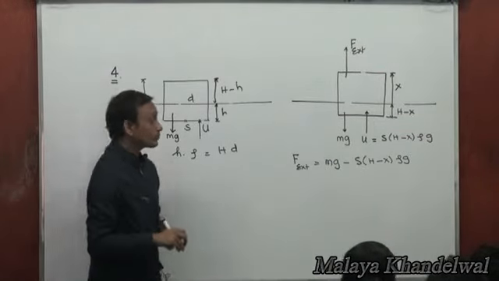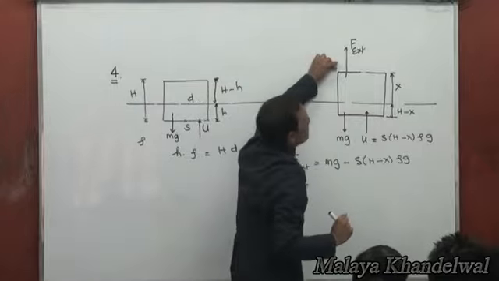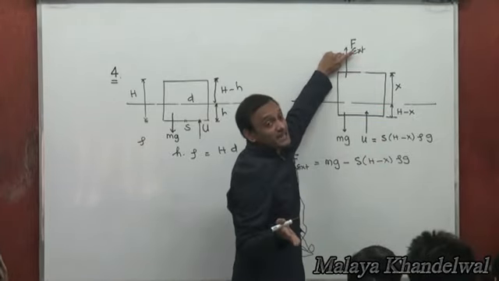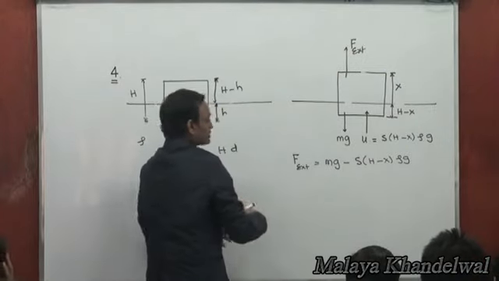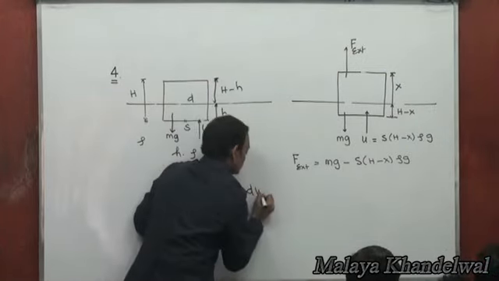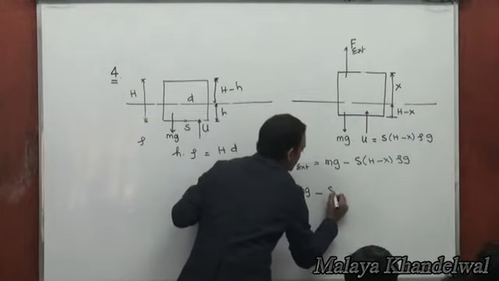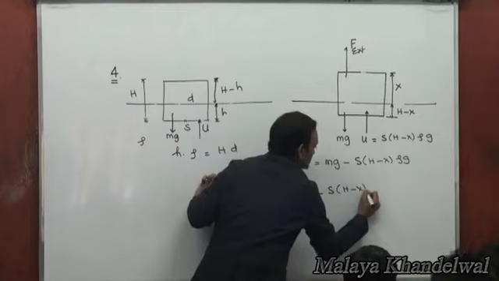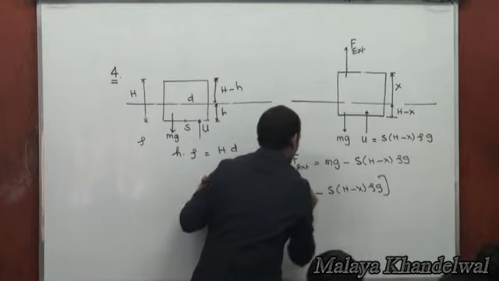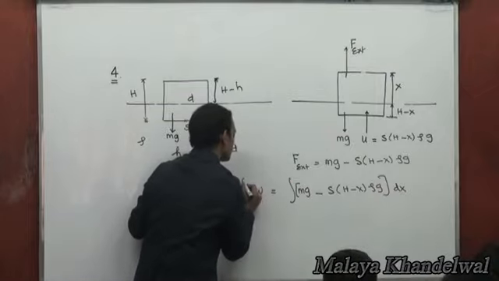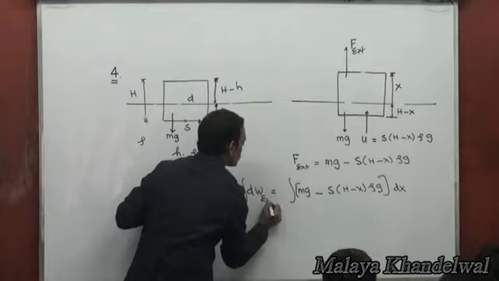Now for a small displacement in the upward direction dx, this F external will remain practically the same. So the work done for a small displacement upwards is mg minus S into (H minus x) into rho g, into dx, the total amount of work you're seeking by the external force.